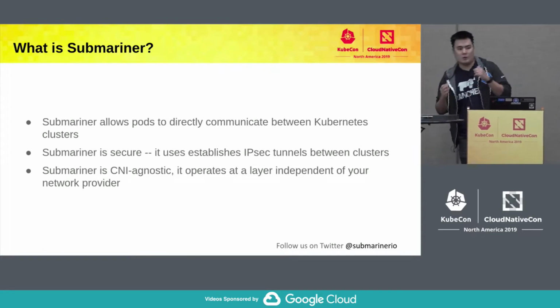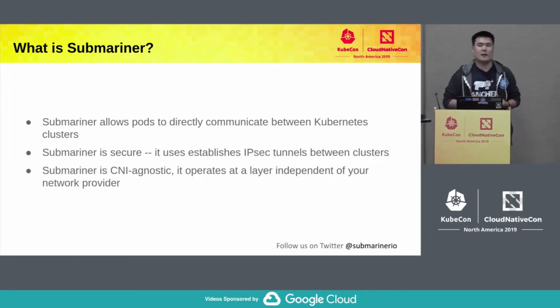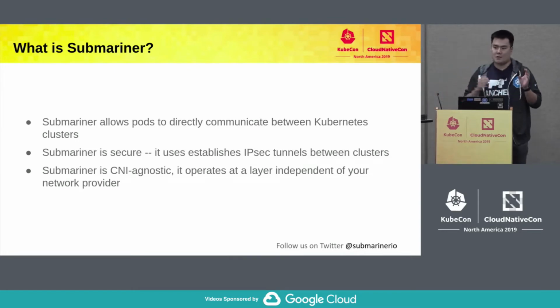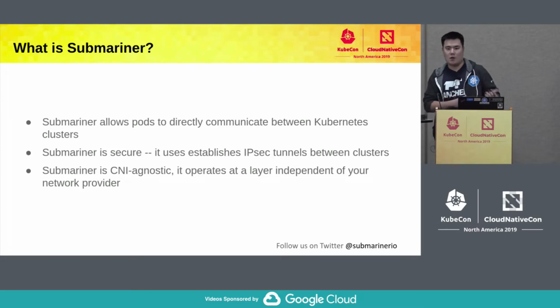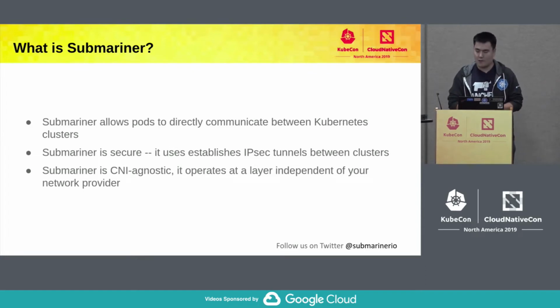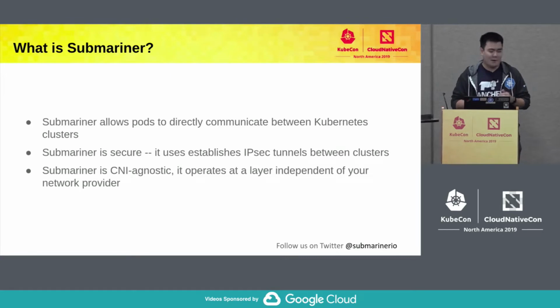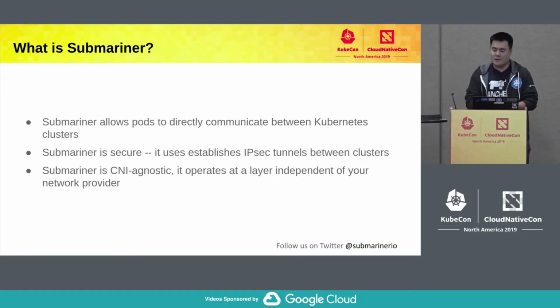Whether you're using something like Flannel or OVN Kubernetes, you can have your pods talk to each other. What we'll be demoing today is an OpenShift cluster talking to a Rancher Kubernetes cluster using Flannel on our end, and then OpenShift is using, I think, OVN Kubernetes on the other end. Yeah, so it's pretty neat stuff.